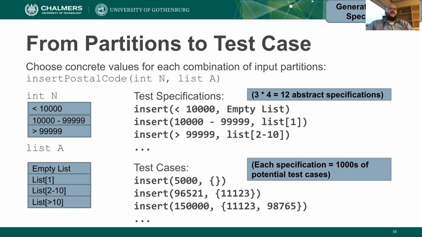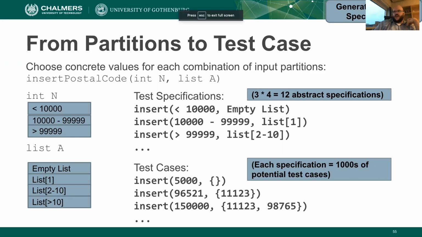So now we have these representative values, and for a test, we want to combine these. We don't just pass in values to a single input, we pass in values to both inputs when we run the test case. So to form our test specifications, our abstract recipes, we need to list out the possible combinations of input partitions for all inputs, right?